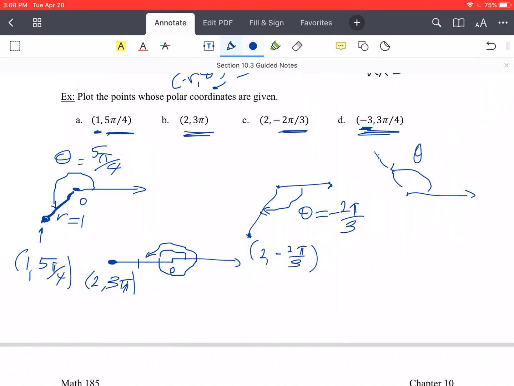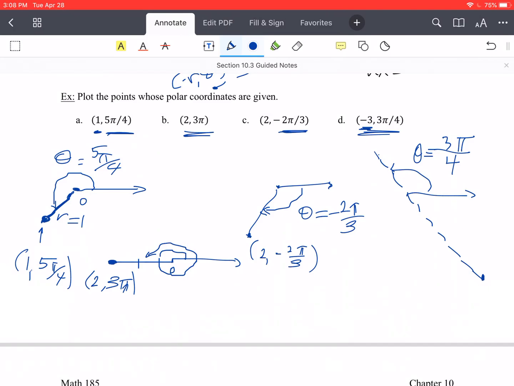Because this is theta equals 3 pi over 4. But we want to be on the negative portion because r is negative 3. So we're going to actually go down this way somewhere over here.